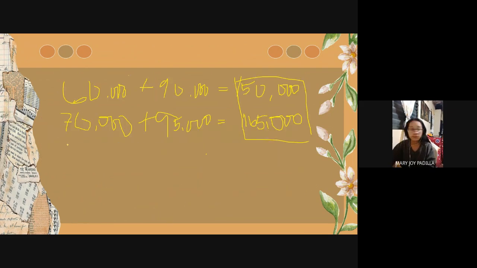So this one is our I and P. So ang ating income is what? 150 minus 165 equal 15,000.